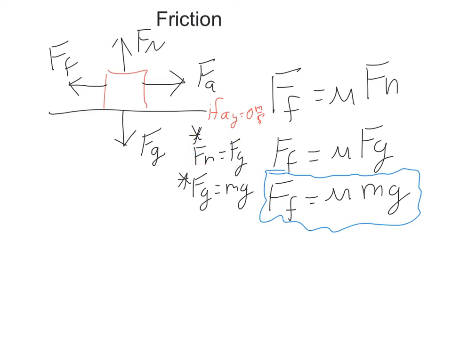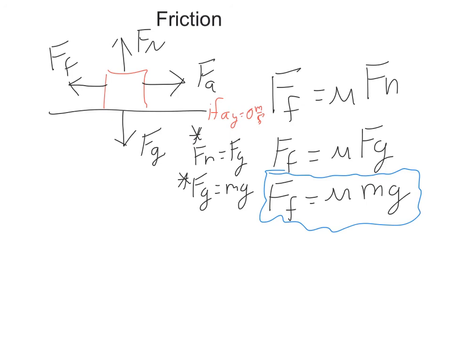We can then go a step further than that. We can say, well, we know that the gravitational force is really the mass of the object times the acceleration due to gravity. And I can take this and I can plug it in for the gravitational force over here. So ultimately, I can say that the force of friction in this particular case is equal to the coefficient of friction times the mass of the object times the acceleration due to gravity.